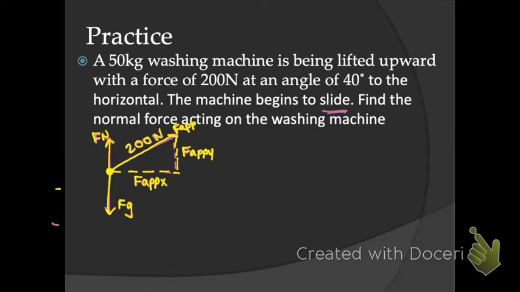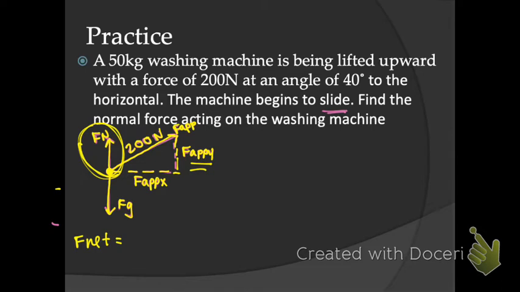Okay. So it's asking us for the normal force, okay? And so is that a horizontal? That's a vertical force. I'm going to set up my net force equation with only vertical forces. So how many vertical forces do I have? 1, 2, and 3, right? I've got 3 total vertical forces because the y component of that applied force is still a vertical force, right?